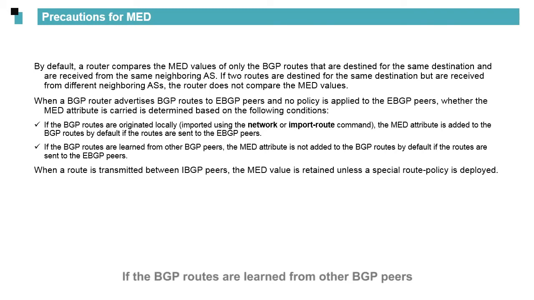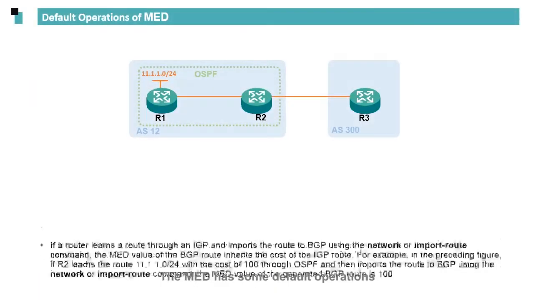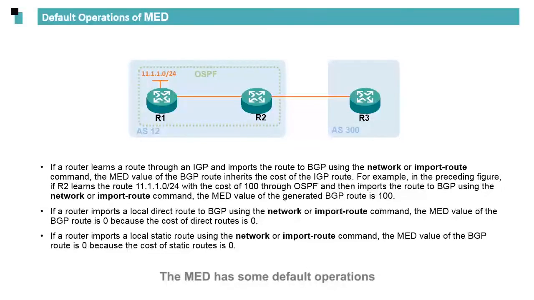If the BGP routes are learned from other BGP peers, the MED attribute is not added to the BGP routes by default if the routes are sent to the eBGP peers. When the route is transmitted between iBGP peers, the MED value is retained unless a special route policy is deployed. The MED has some default operations.